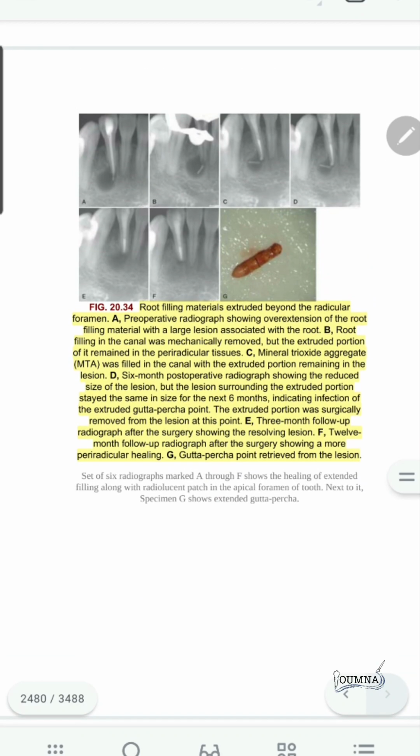On the contrary, here when a portion of the gutta-percha was extruded out of the canal that was filled with MTA, we got a partial healing here, but this extruded part of the gutta-percha had a consistent inflammatory response around it, so it was removed surgically, and we can see the healing afterward.